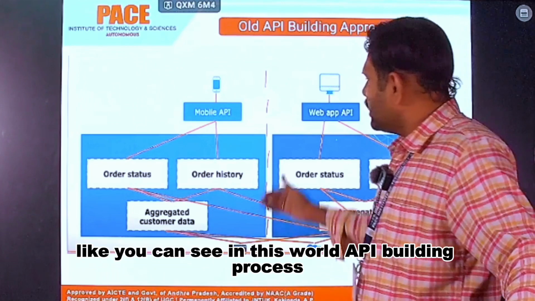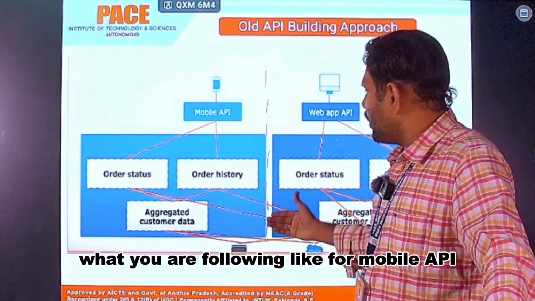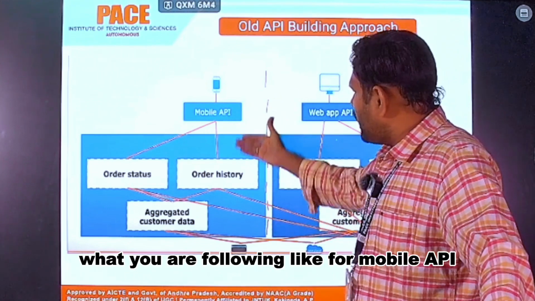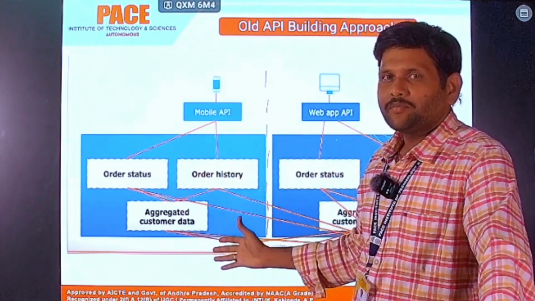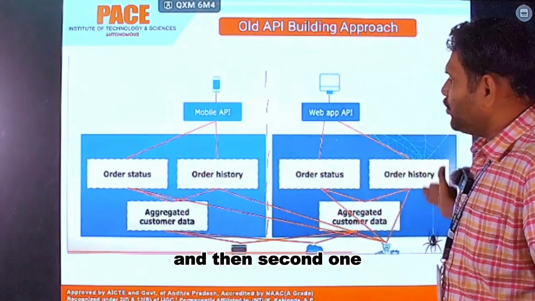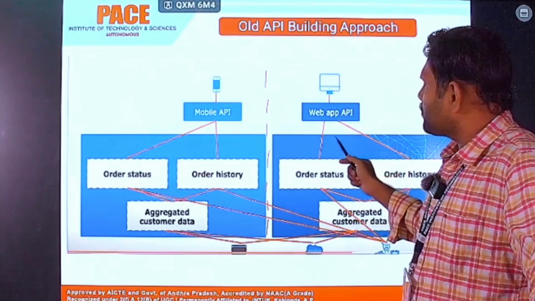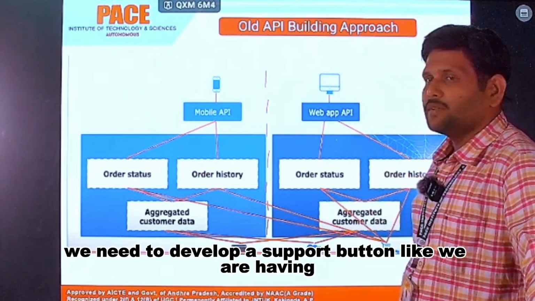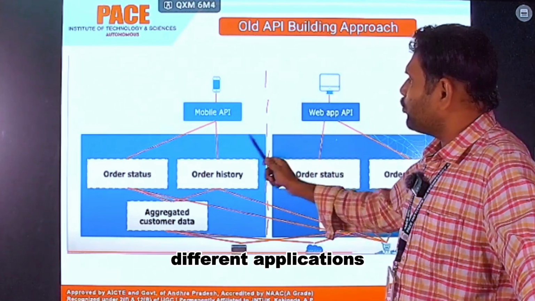You can see in this old API building approach what we are following: for the mobile API we have to develop one entire application, and for the web API we need to develop a separate one.